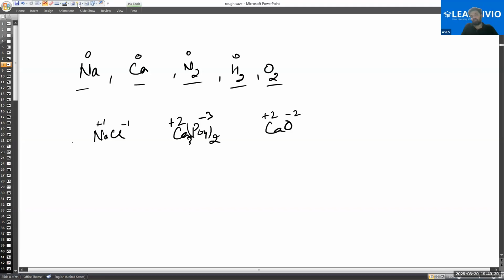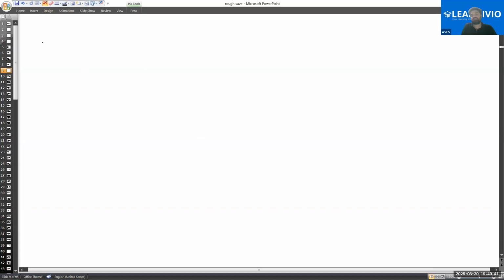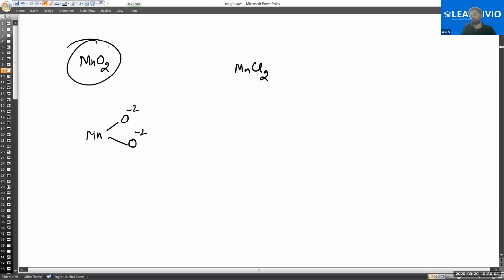Sometimes you might not know the oxidation state of some elements. For example, MnO2 and MnCl2. Here the manganese has a different oxidation state in both compounds. Mn is connected with 2 oxygen atoms, so it is getting -2 charge, and the whole compound is not going to have any charge, it is 0.